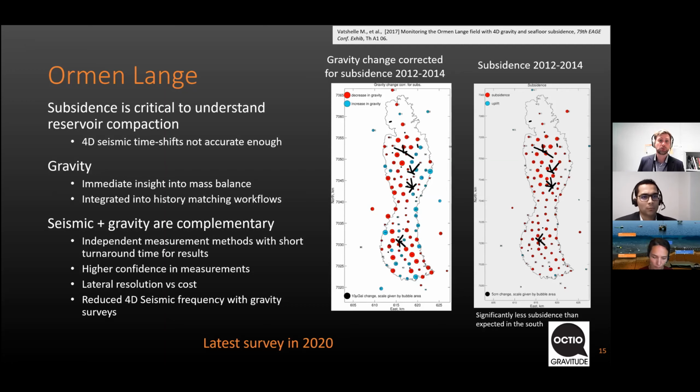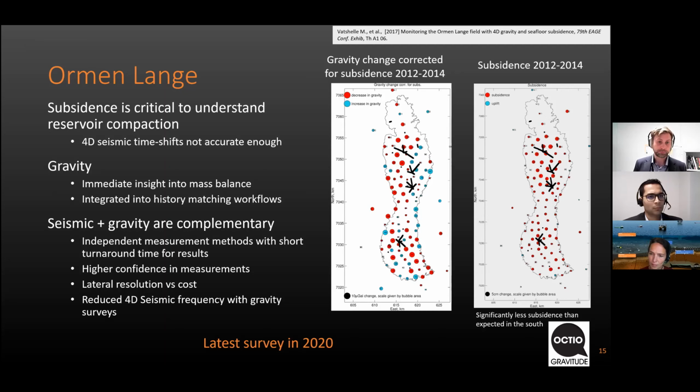Gravity is used for providing immediate insight into the mass balance in the field, and this is also integrated into a history matching workflow. For me personally, what is really interesting about Ormen Lange is the way that 4D seismic and 4D gravity are used complementary.